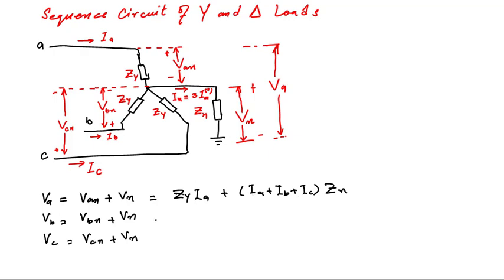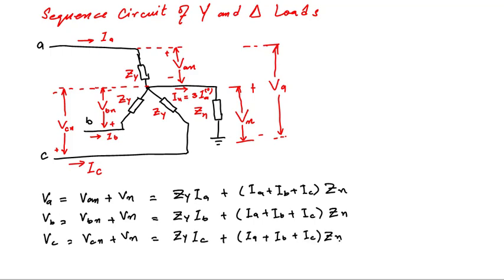Similarly, if I write the second equation in detail, that will become ZY IB plus IA plus IB plus IC into Zn. Further, the third equation follows the same way. Now if I rearrange the coefficients of similar currents, the final form of the equation for voltage VA will be Zy plus Zn into IA plus Zn into IB plus Zn into IC.